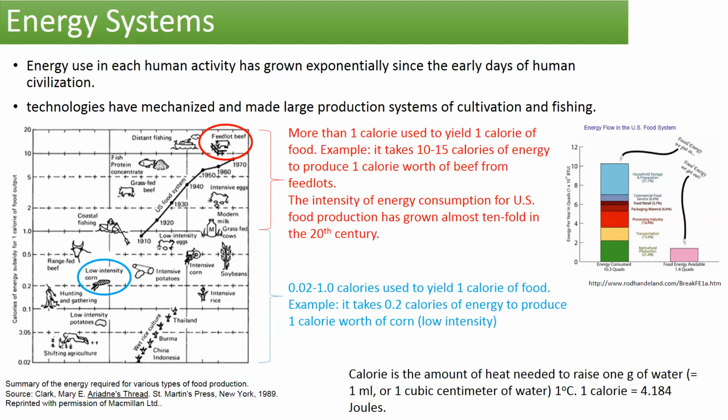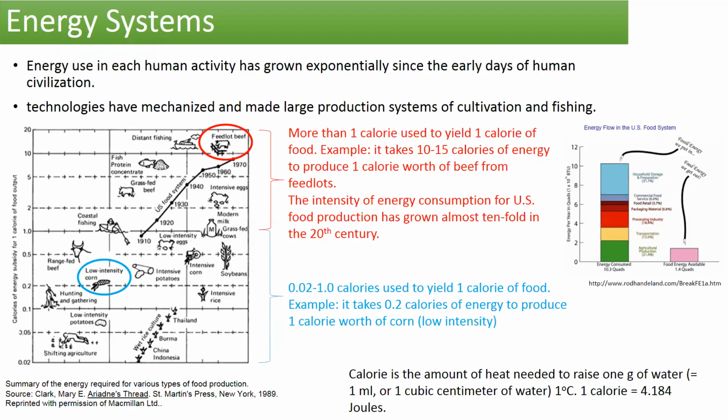Another way to analyze this graph, on the left, is to show you how the U.S. food system has changed through the years. How has the efficiency been? If we see here, in 1910, the food system had 1 calorie input and yielded 1 calorie out.